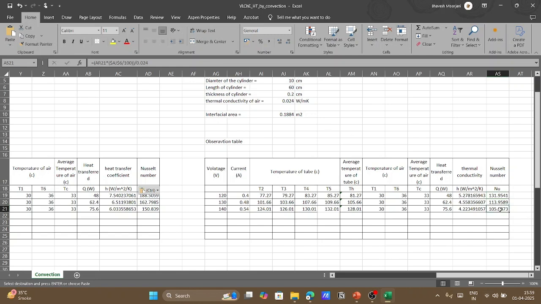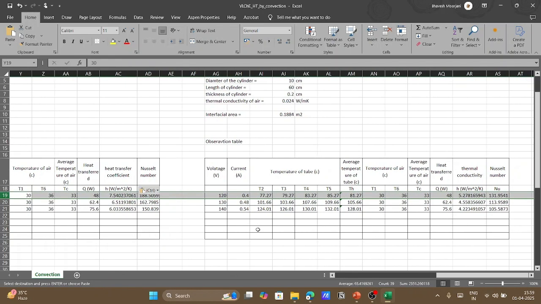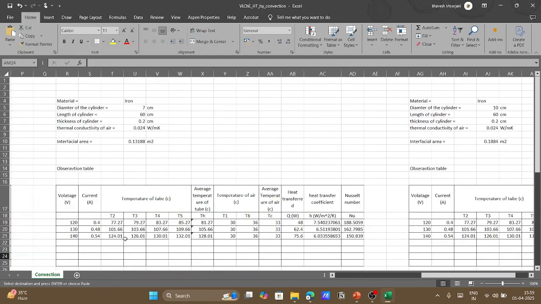Because of that, the Nusselt number has gone down. You can visualize it in that sense, right? If the diameter is higher, then with area pi d l also higher, conductive heat transfer will also increase. So because of that, Nusselt number is low at the same heating rate, right?